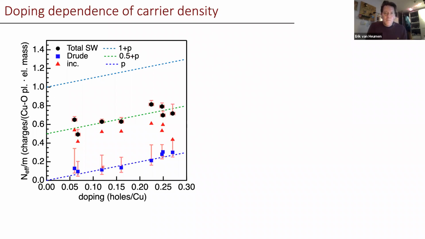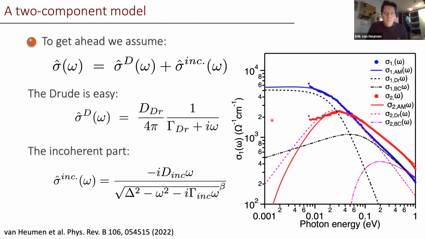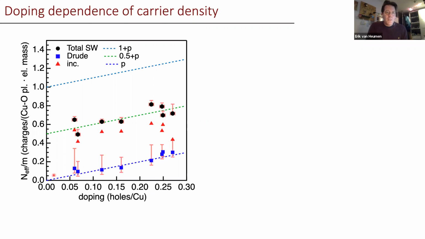But the Drude weight, the spectral weight contained in the dashed curve here, if we plot that as a function of doping, it tracks exactly the line n is p. And note in the transport experiments, people saw a change starting to take place at 0.2. In our experiments, we don't see any of that. So in optical experiments, the carrier density just continues monotonously without any change happening.